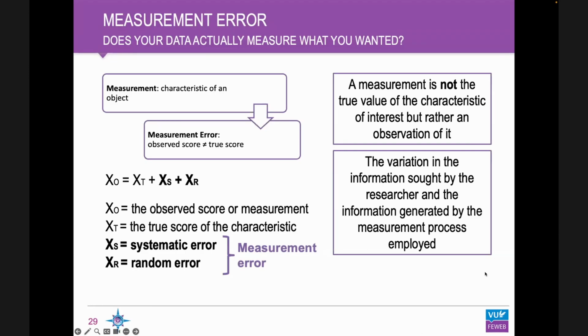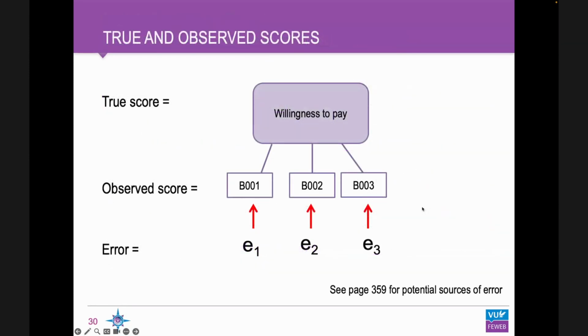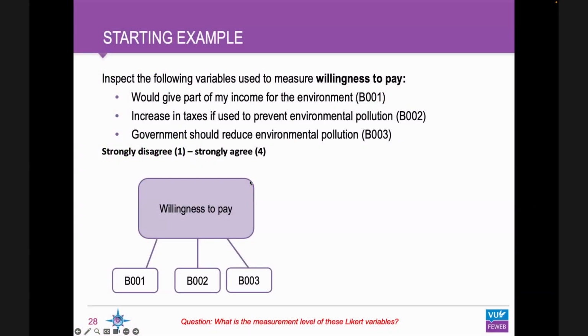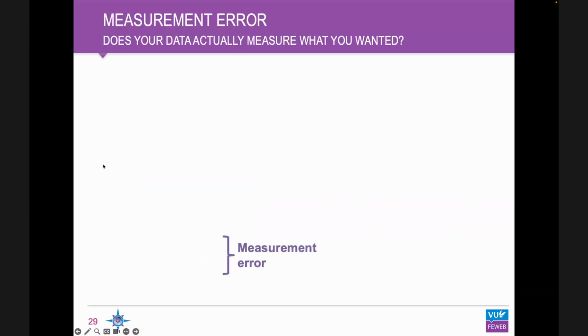So this is a conceptual representation of what I just said. The true score, in our example, is related to willingness to pay. And we measure it with 3 items. Let's go back, maybe that's better. They are: would give part of my income for the environment, accept an increase in taxes if it will be used to prevent environmental pollution, and that the government should actually reduce environmental pollution.